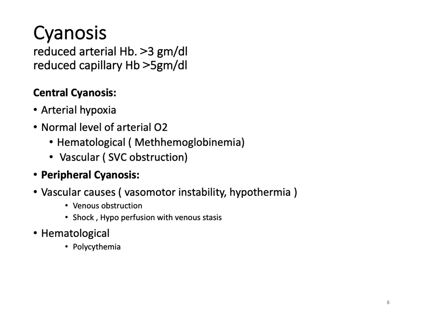Central cyanosis is caused by arterial hypoxia, or there is a normal level of arterial oxygen in methemoglobinemia or superior vena cava obstruction. Peripheral cyanosis could be caused by vascular or hematological causes. The vascular, like vasomotor instability, hypothermia, venous obstruction, shock, hypoperfusion with venous stasis, and the hematological could be due to polycythemia.